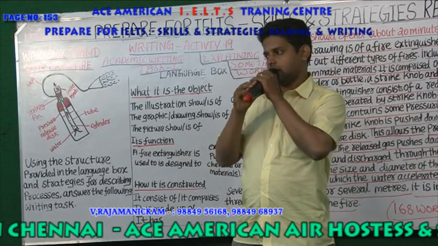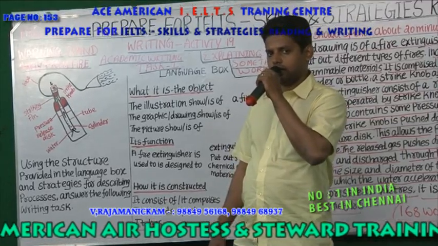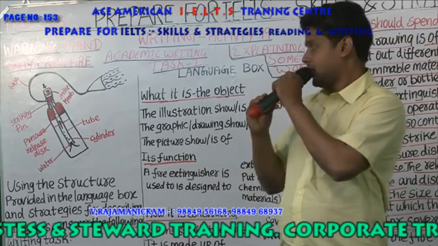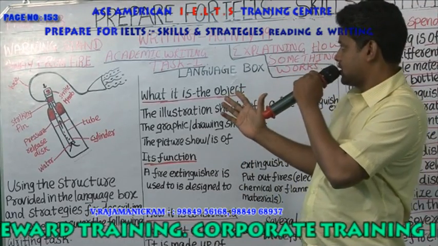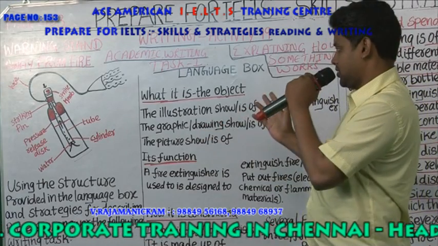Dear friends, I am Francis. I am going to the US and I came here to study American accent training, and here it is shown the fire extinguisher and its different parts.